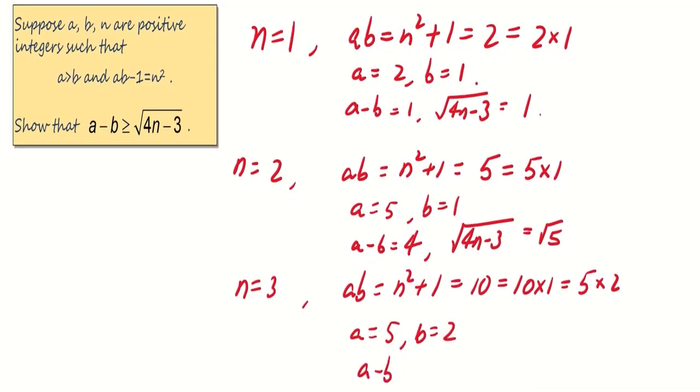Then a minus b equals 3. And square root of 4n minus 3 is equal to 3 in this case. Again, a minus b is greater than or equal to square root of 4n minus 3. You can try for different values of n and you see that a minus b indeed is greater than or equal to square root of 4n minus 3.